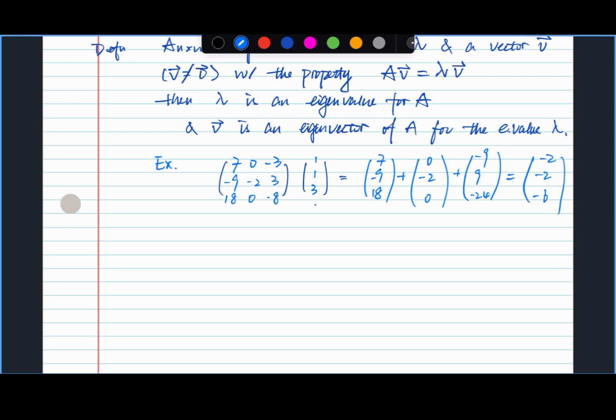So if we multiply by the vector 1, 1, 3, we get negative 2, negative 2, negative 6, so the right side actually equals negative 2 multiplied by 1, 1, 3.